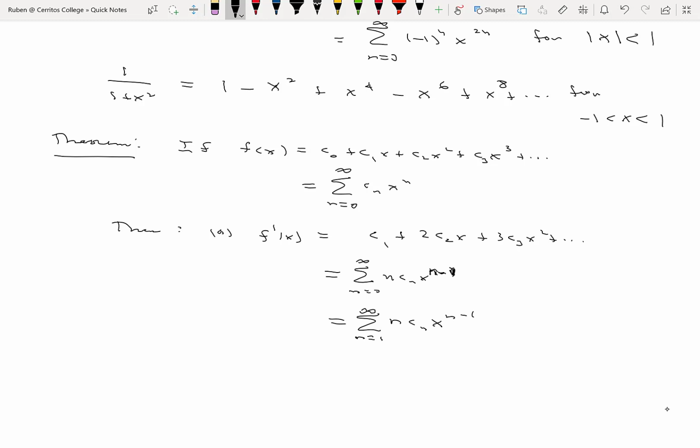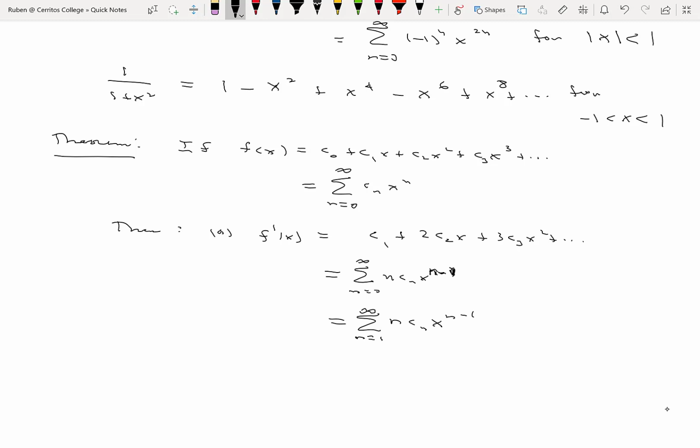The only difference is I've written the last sum going from 1 to infinity instead of from 0 to infinity. Why? Well, look at the sum from 0 to infinity. When n equals 0, the coefficient of c sub n, which is n, is 0. So we lose the first term. That means when I take a derivative of a power series, I shift the index of summation up by 1. That's no mystery.